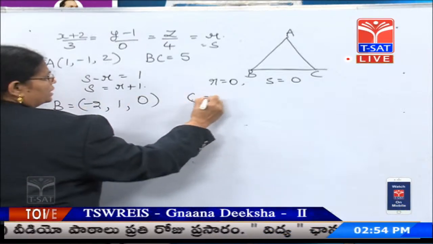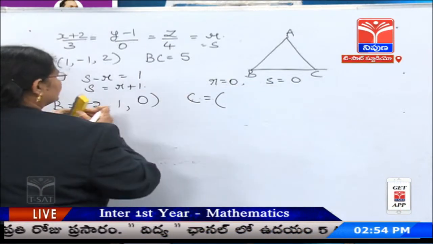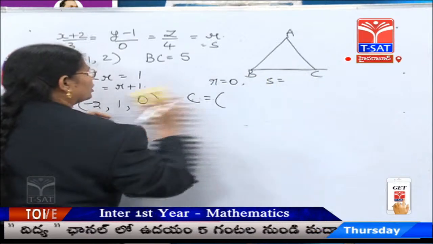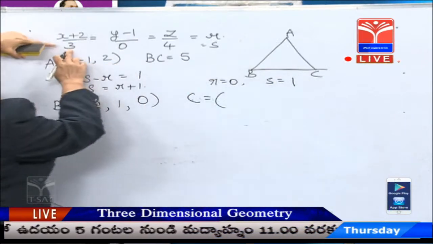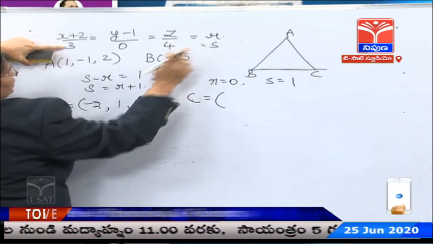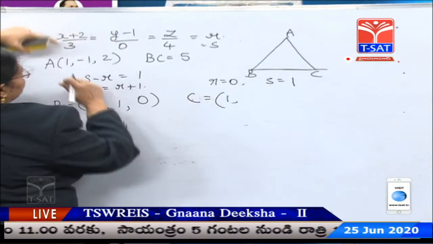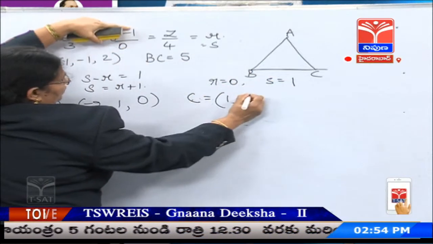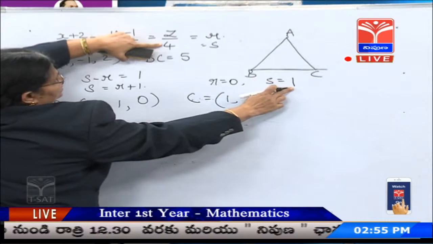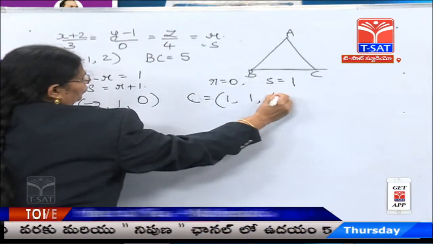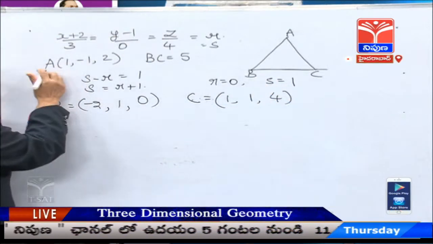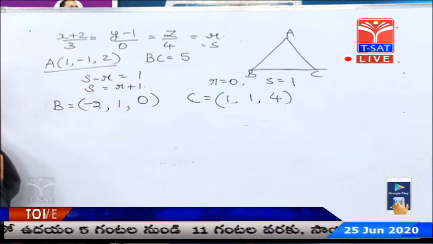C point is, again, r is 0, s is 1, substituting this, 3 into 1, 3 minus 2, 1, 4s, 4 into 1, so it is (1, 1, 4). And A point is (1, minus 1, 2).